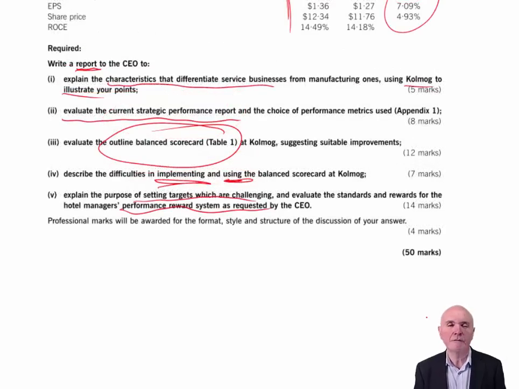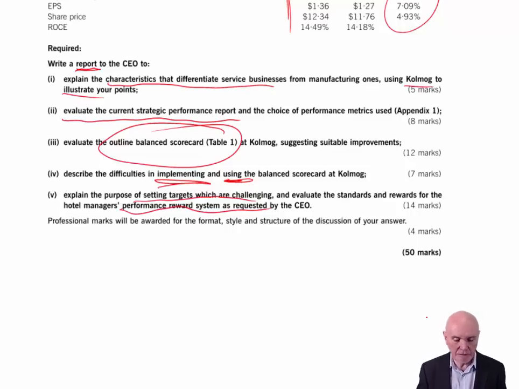Part 5 asks us to explain the purpose of setting targets which are challenging and evaluate the standards and rewards for the hotel manager's performance reward system as requested by the Chief Executive Officer. Again, almost two parts here.